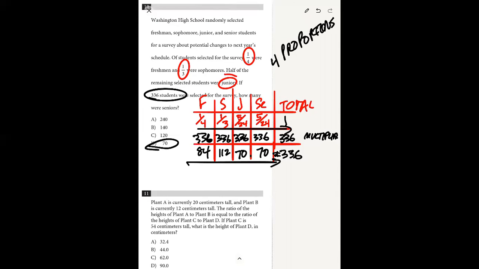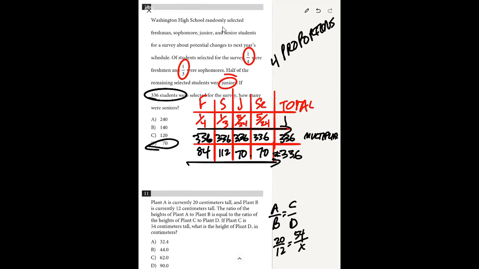The ratio of the heights of plant A to plant B is equal to the ratio of the heights of plant C to plant D. If plant C is 54 centimeters tall, what is the height of plant D in centimeters? So this is basically a proportion. They're saying A to B is equal to C to D. And all we have to do is replace it. So it's 20 over 12 equals 54 over X.